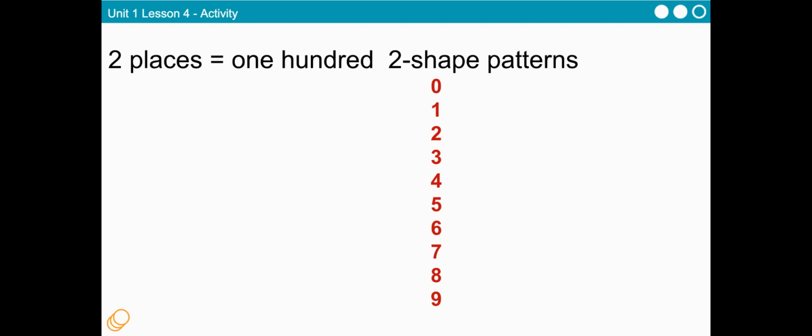If we have 2 places with 10 different shapes, we can have 100 two-shape patterns, can't we? What are those 100 two-shape patterns?